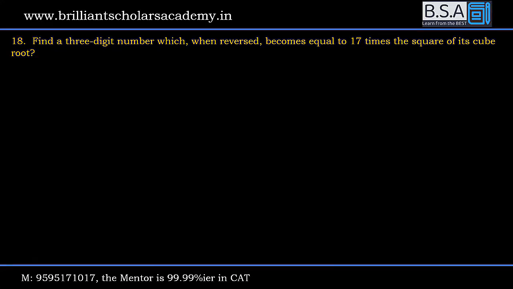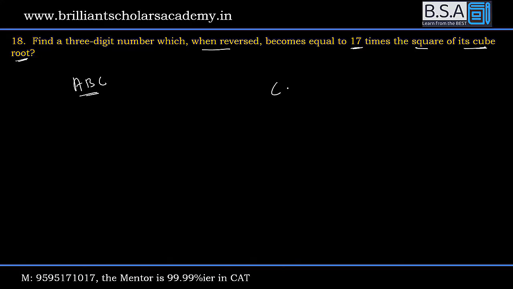Find a three-digit number which, when reversed, becomes equal to 17 times the square of its cube root. What are they saying? There's a three-digit number ABC.